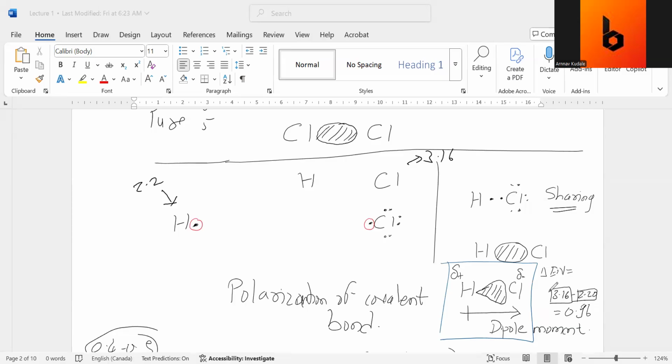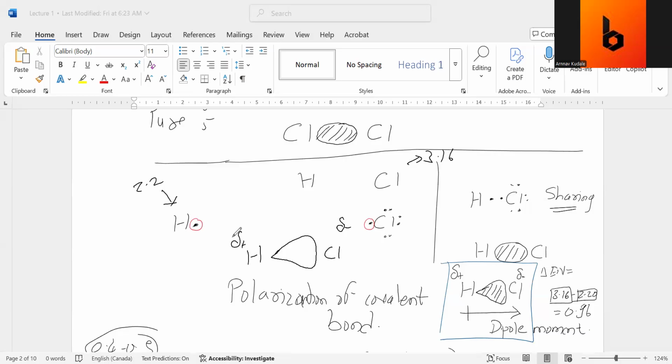When it is 0, it is equally shared. Because chlorine is more electronegative, the cloud is more towards chlorine, so chlorine has a partial negative charge and hydrogen has a partial positive charge.